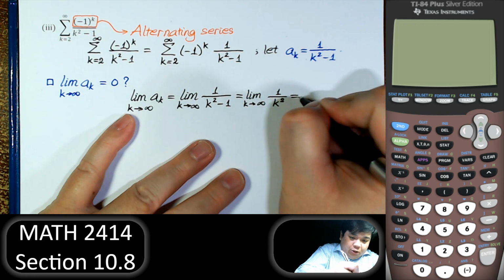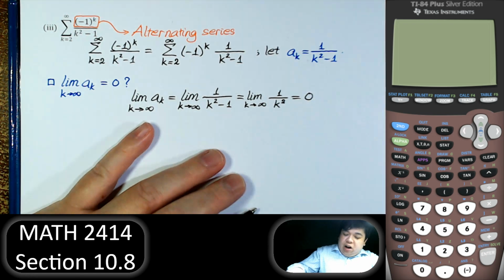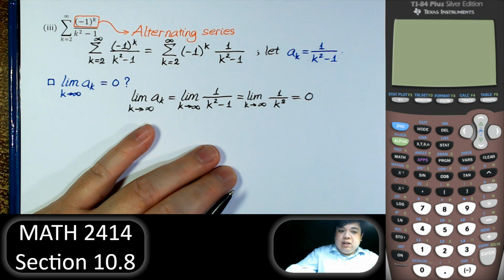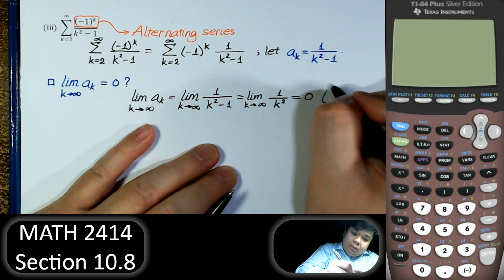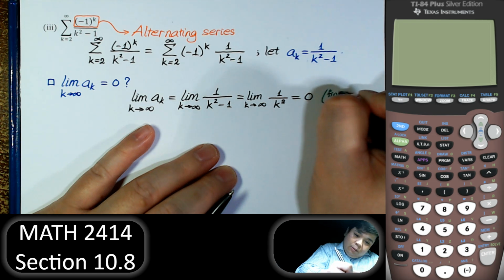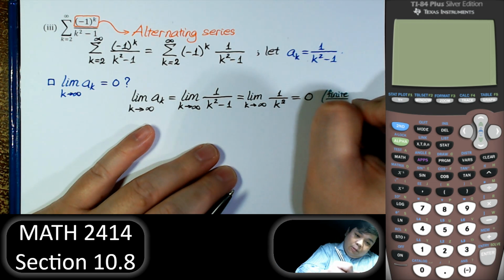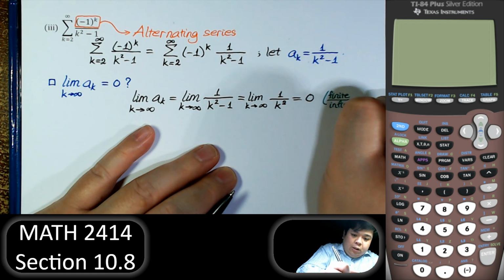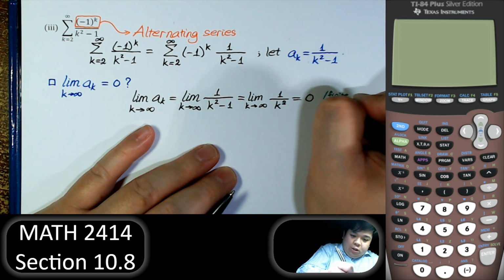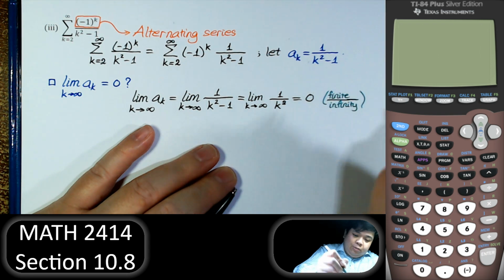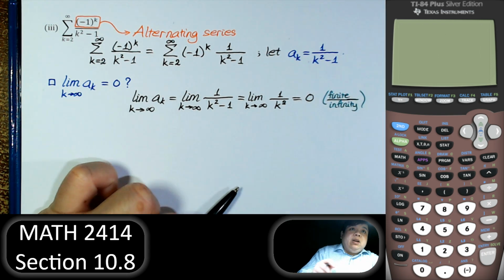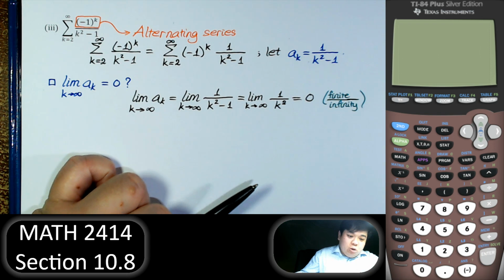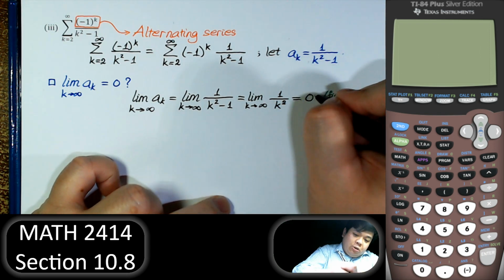So this is equal to 0, because a finite number divided by something approaching infinity equals 0. So that checks.